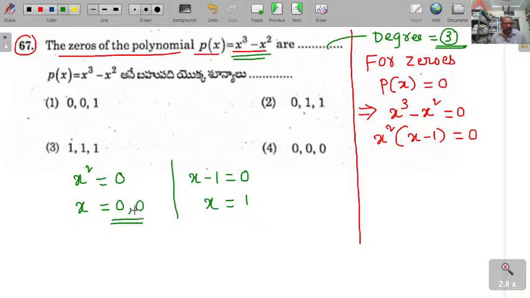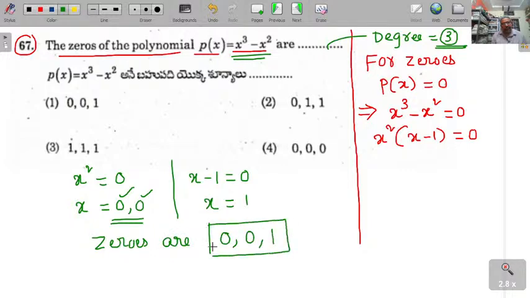As x square is equal to 0, you have x is equal to plus or minus 0, but 0 is neither negative nor positive, so you get 2 zeros. And x minus 1 is equal to 0 means x is equal to 1. Therefore the zeros are 0, 0, 1. So the first option is the right option.